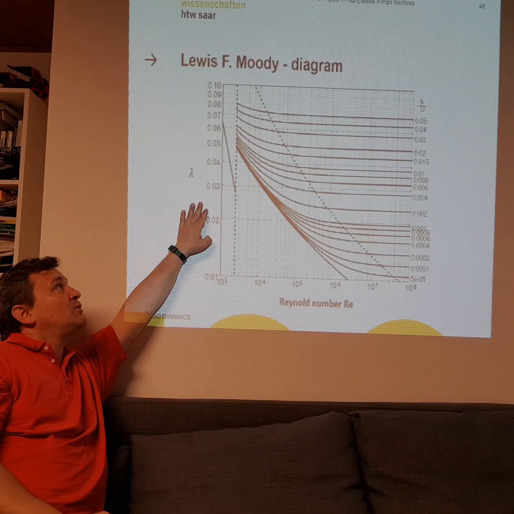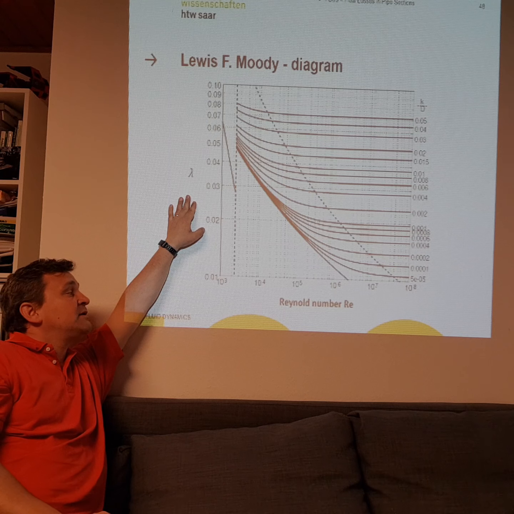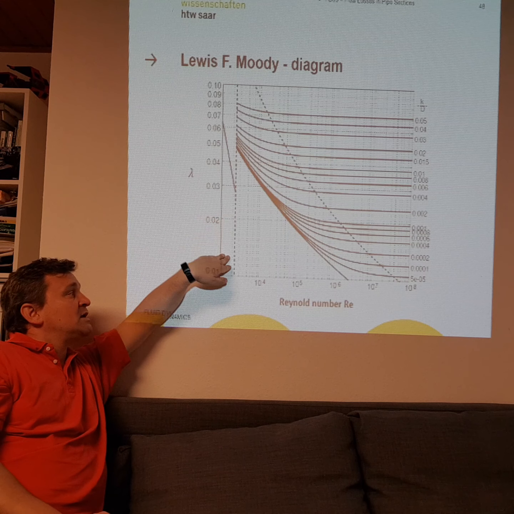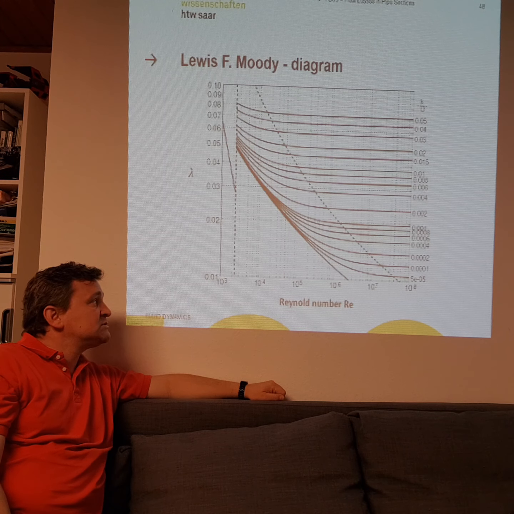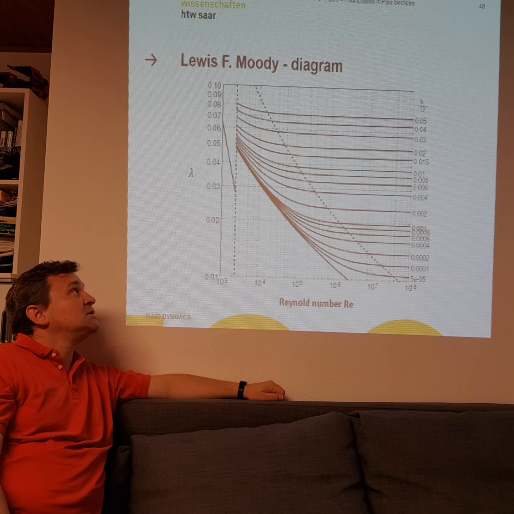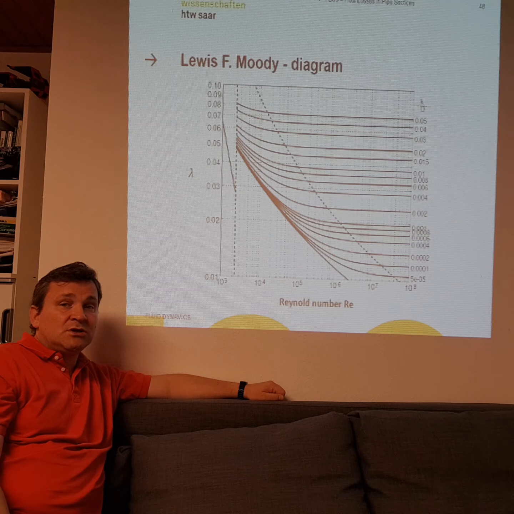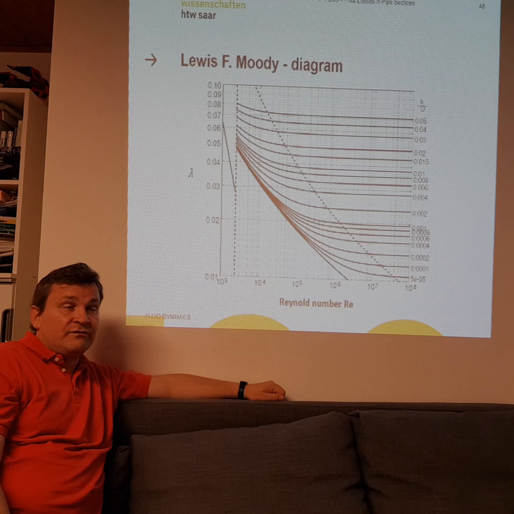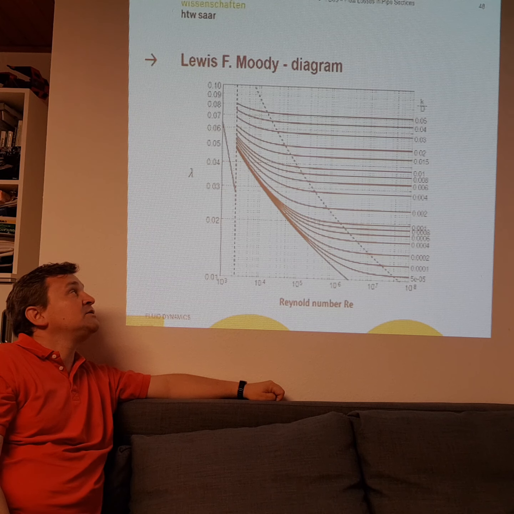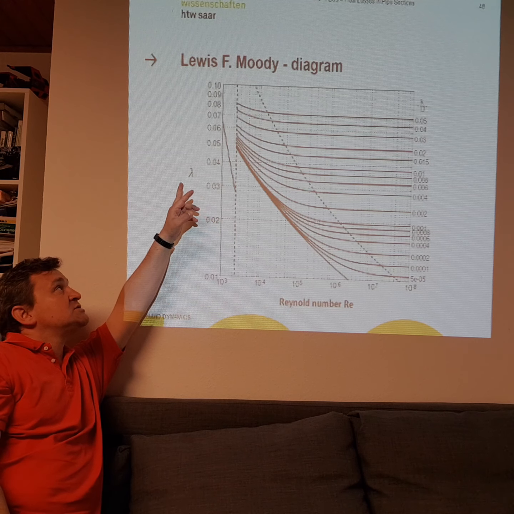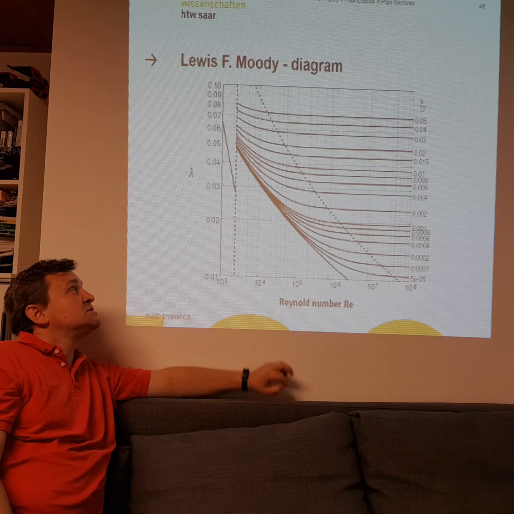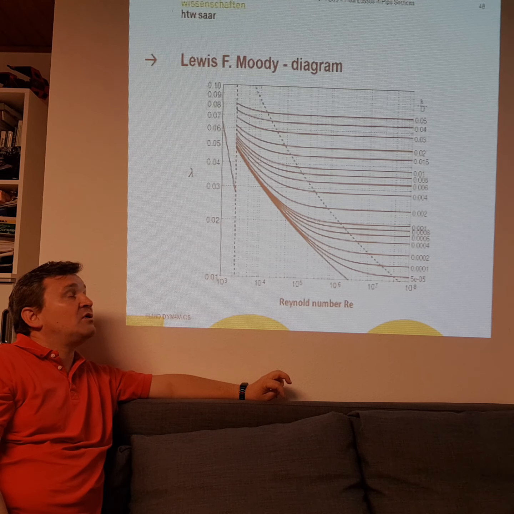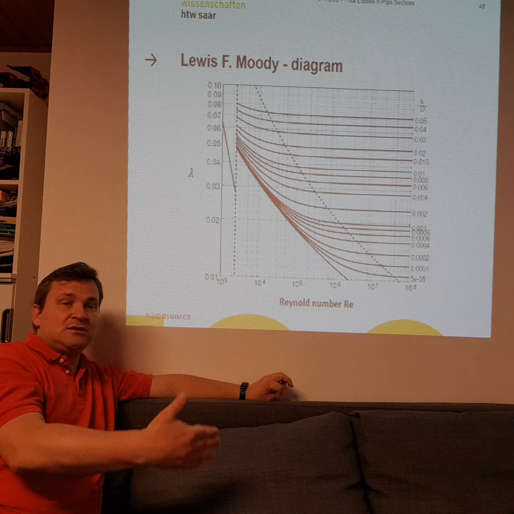And now we can look at our lambda value. We can look at our small Reynolds numbers, and in the laminar region we don't have any effect of wall roughness on the lambda value, it's an easy line. We can look up our lambda, and then we can take it.